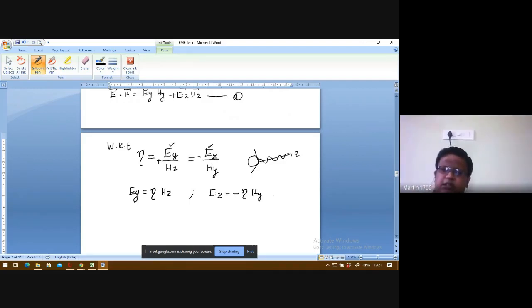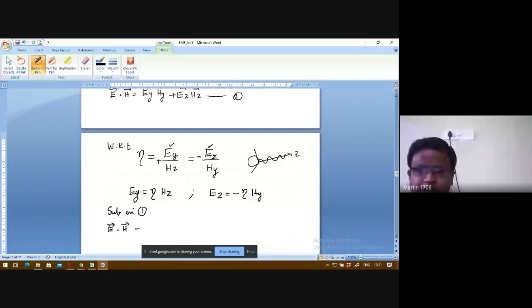Now you substitute the condition into the first equation, that is E dot H, which is equal to Ey Hy. Ey is eta into Hz.